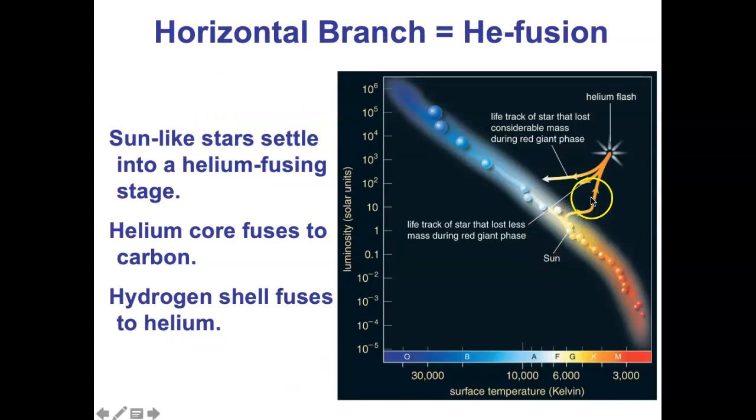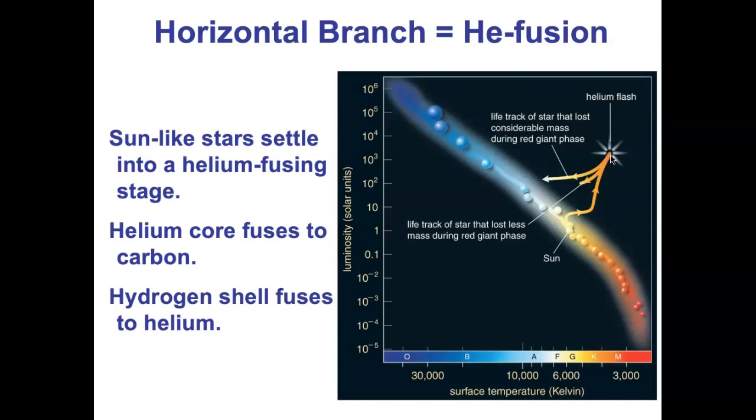This star will creep its way up the red giant branch, and that helium core is getting hotter and hotter until finally that helium core has contracted down and it hits 100 million Kelvin, and then, like throwing lighter fluid on a campfire, whoosh, all of that helium ignites.